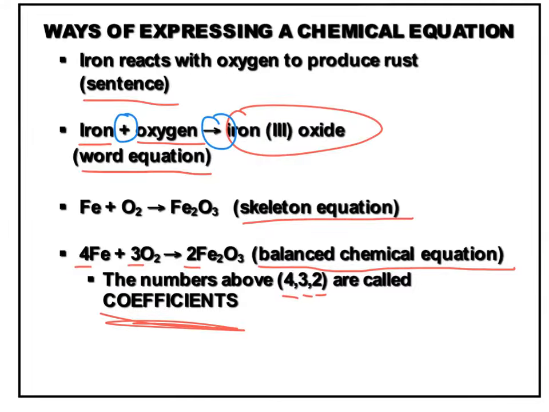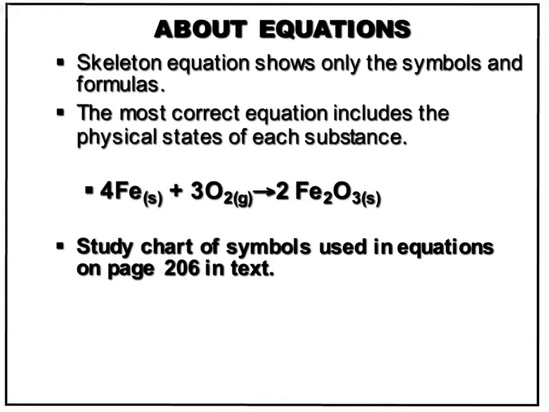The last thing that I want to go over for today are these little symbols that you can add after each of your reactants and products. After the substance, you see that it could be labeled with an S, a G, and that one happens to be an S. There are other symbols, and you can look in your textbook on page 206.